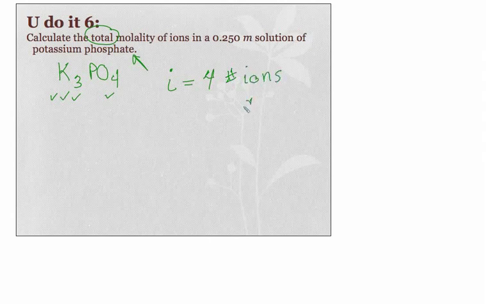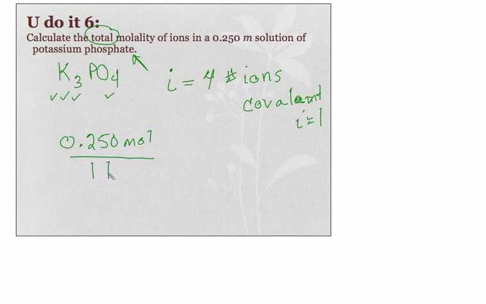So if it's ionic, it's the number of ions. If it's a covalent substance, then i is always equal to 1. So in this case, we'd have 0.250 moles per 1 kilogram, and that's of K3PO4.